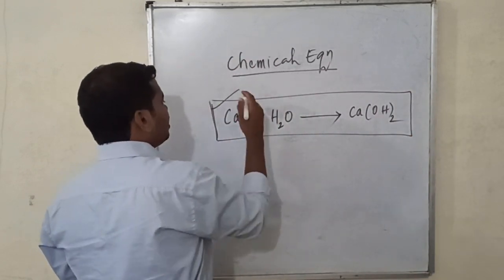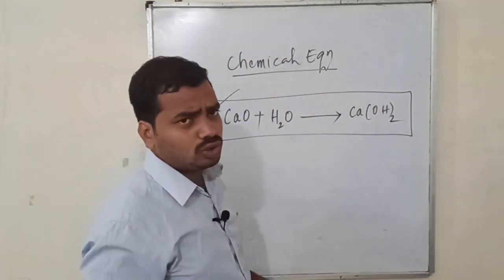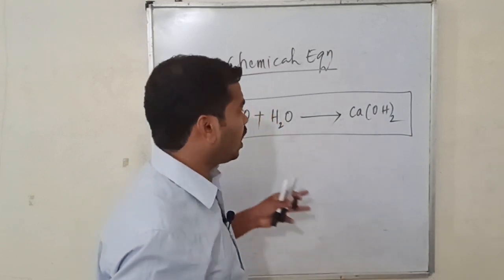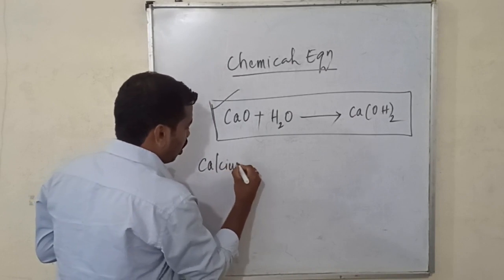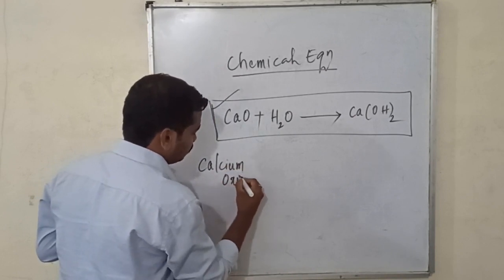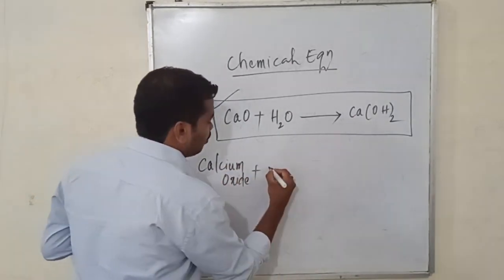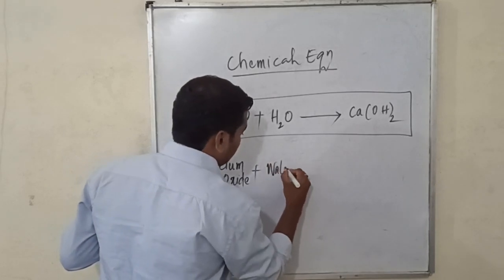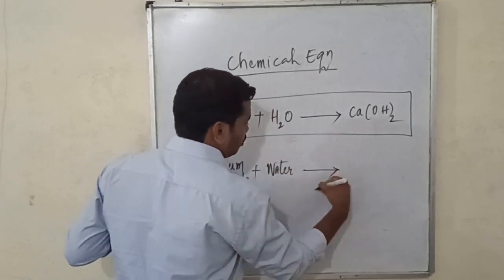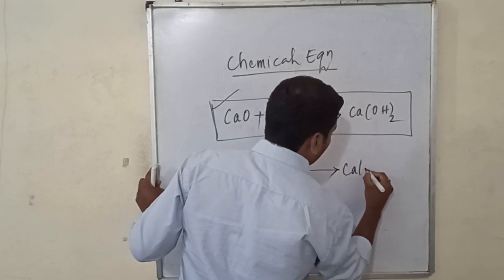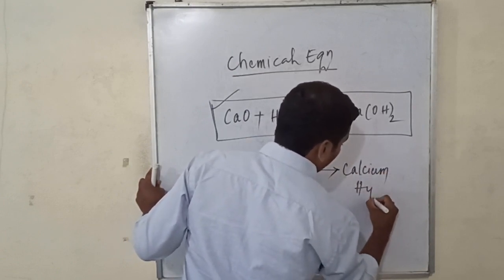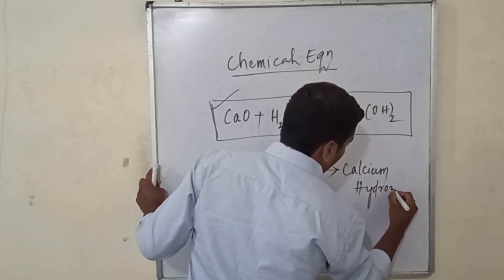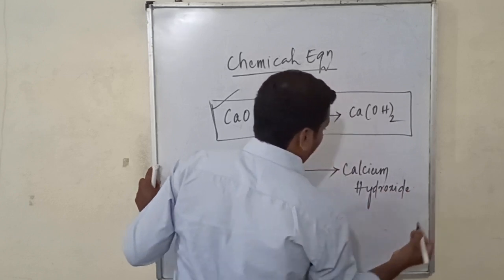But before writing this equation, if you don't know the formulas for this, we would have written like this, right? Calcium oxide reacting with water to give rise to calcium hydroxide.